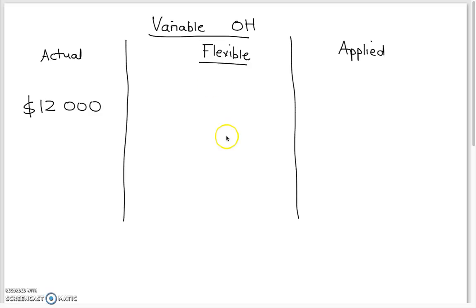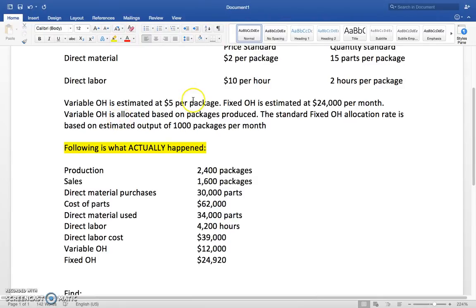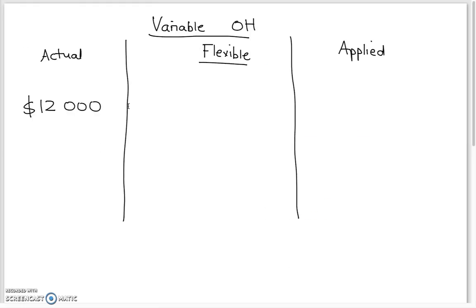So a flexible budget takes your standard rate, whatever you budget your standard rate for something to be. In this case, our variable overhead is estimated at $5 per package, right? So we estimate that we're going to apply $5 of variable manufacturing overhead to each package that we manufacture.